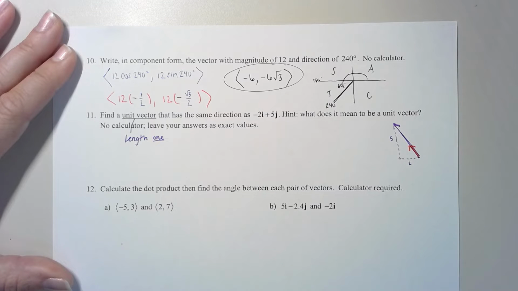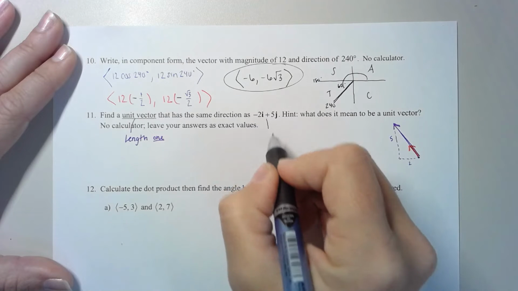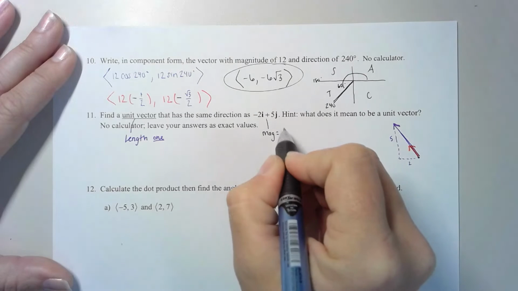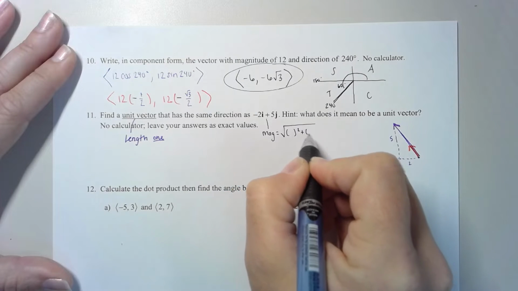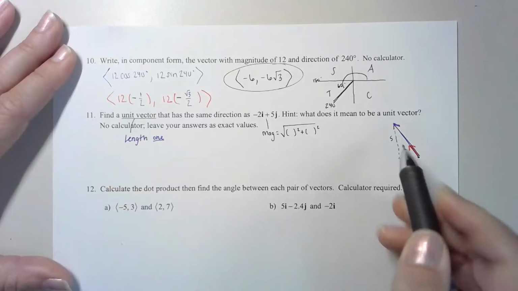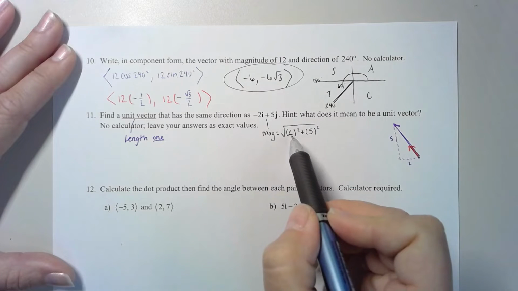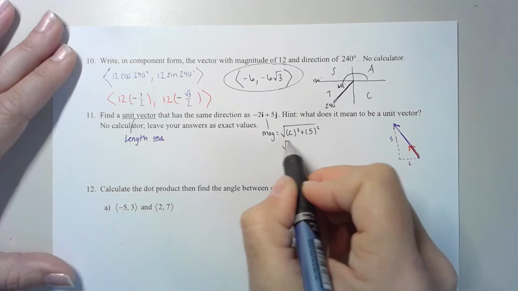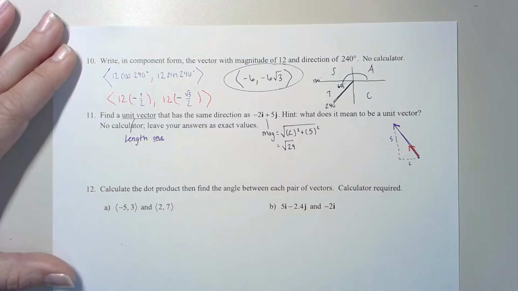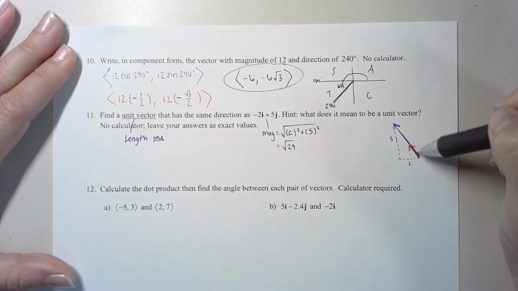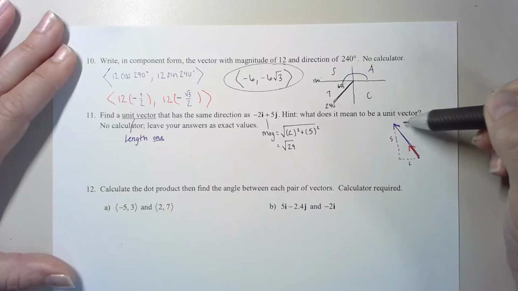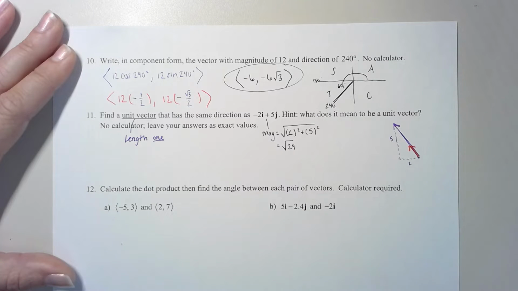So let's find the length of the vector they gave us. So we've got the square root of blank squared plus blank squared, right? 2 squared plus 5 squared. We're using the Pythagorean theorem. 4 plus 25, so the square root of 29. And so if this vector has a length of radical 29, I want to divide it by radical 29 to get our new vector.